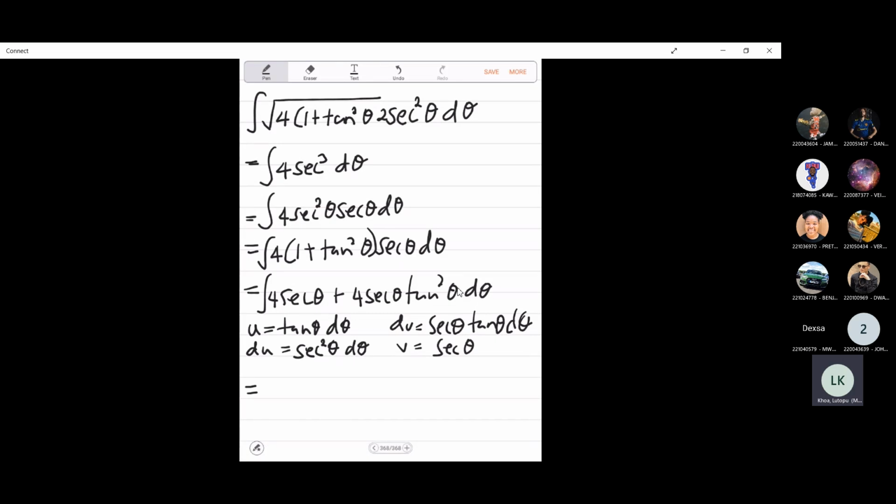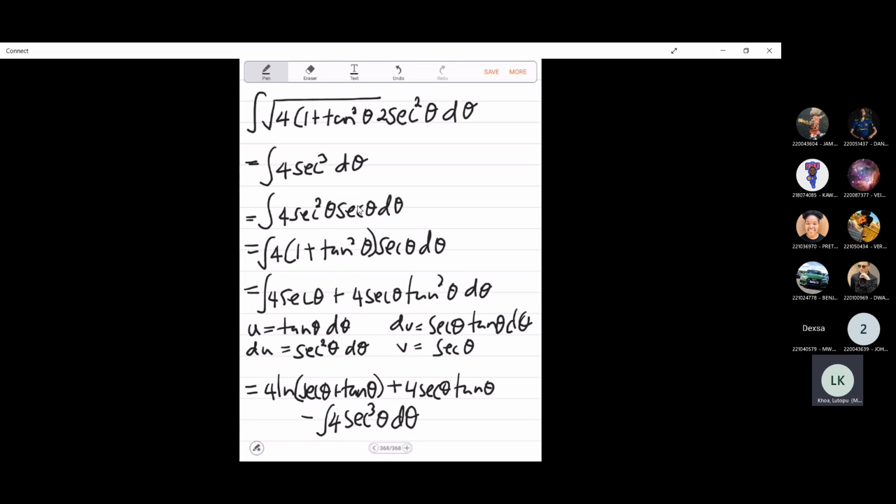Okay, so now we integrate. We have 4 ln of sec theta plus tan theta, plus 4 times uv, which is sec theta tan theta, minus the integral of 4 v du, which is sec to the power of 3 of theta d theta.